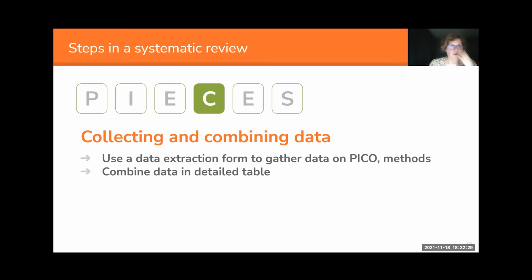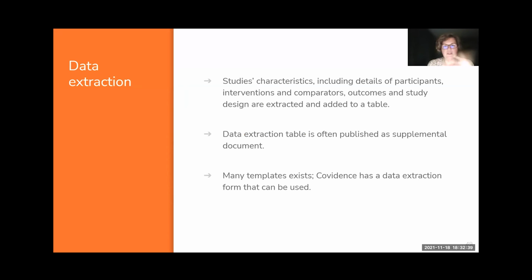Okay, so next, collecting and combining data using data extraction. That is also another important step. Well, everything is important, I shouldn't say that in a review. So data extraction. Let's say you have at the end 20 studies that you are using for your review. These are what I call the included studies. So then you decide, usually it's done mainly at the protocol stage, as Lindsay mentioned.